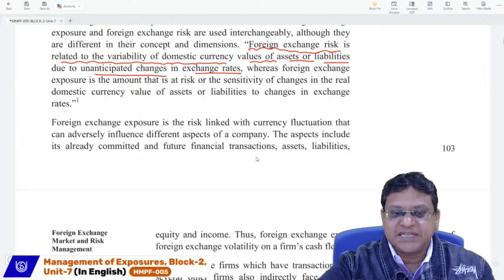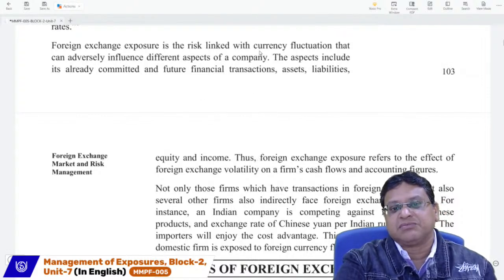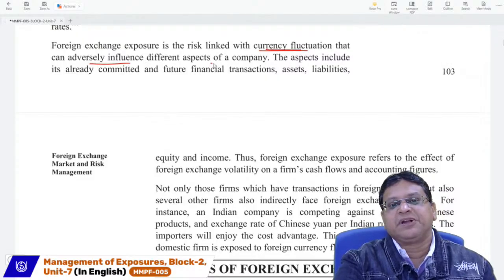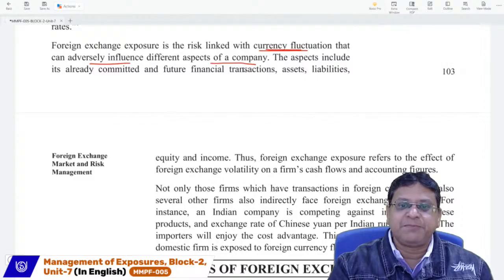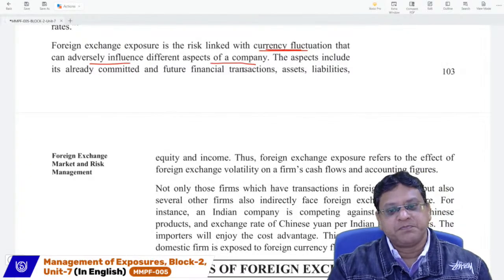Now, foreign exchange risk or exposure is linked with currency fluctuation that adversely influences different aspects of the company. What are the different aspects? The aspects may be assets, liabilities, equity, or income.